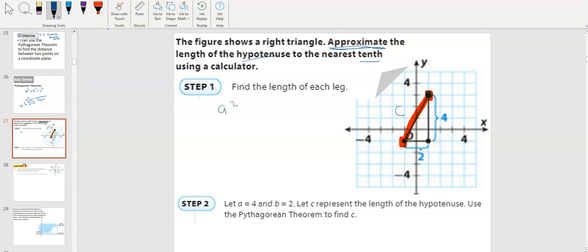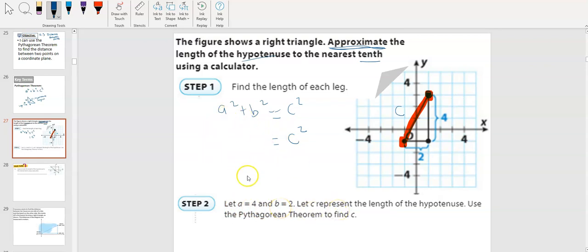So in my formula, I know that C squared is going to be the thing that I'm missing. The first step that I needed to do was find the length of each leg, which we already did here, 2 and 4. And now the next step is to let A equal 4 and B equal 2, label your legs. C is the hypotenuse, which is what we're trying to find.